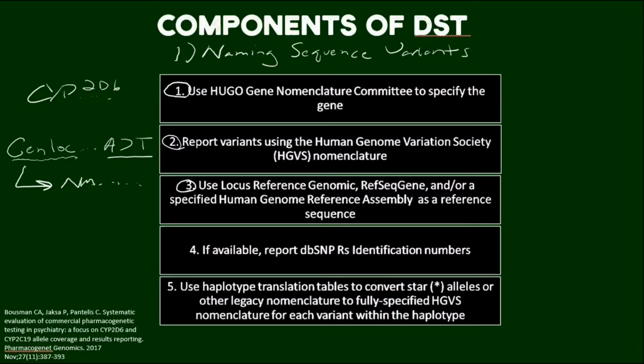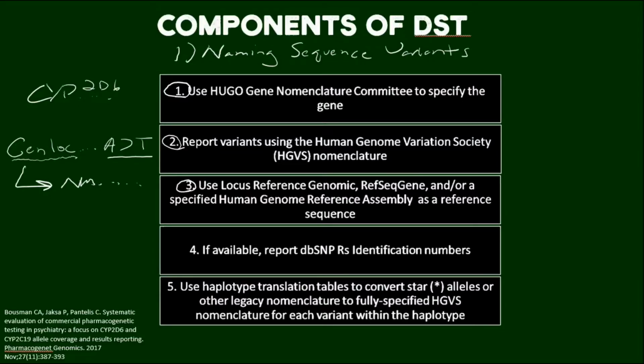The reason they want you to report this is because every once in a while the human genome is updated with a new assembly. Every few years a new reference assembly comes out, and it's good to know that, so that if you have to get into the weeds on which variants they're looking at, you know which reference assembly they were using.